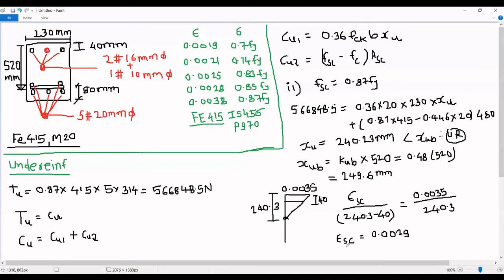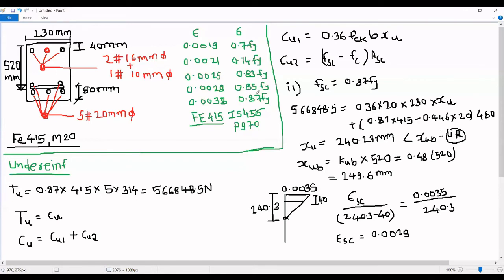Now, what is the value of stress for epsilon SC equal to 0.0029? So we will refer to this digitalized stress-strain version. 0.0028 has the stress value of 0.85 Fy and 0.0038 has the value of 0.87 Fy.